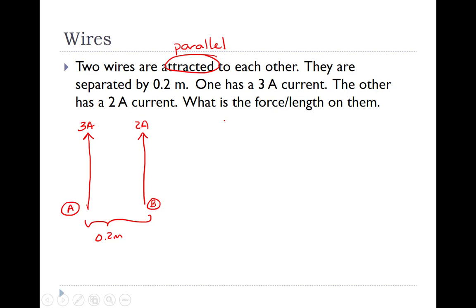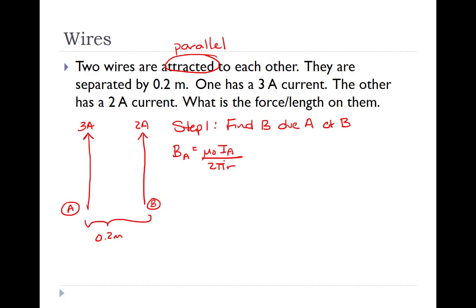In this calculation, it is a two-step calculation. So step one is to find the field due to one of the wires, I'm going to let it be wire A in this case, at the second wire. So the field due to wire A at the location of B. So field due to A is going to be mu naught times the current in wire A divided by 2 pi r, where r is going to be the distance I am away from wire B, or 0.2 meters.